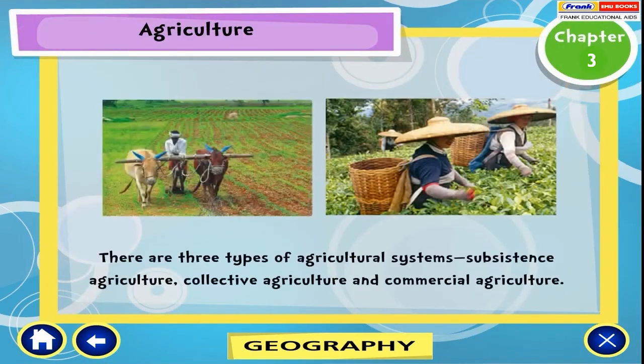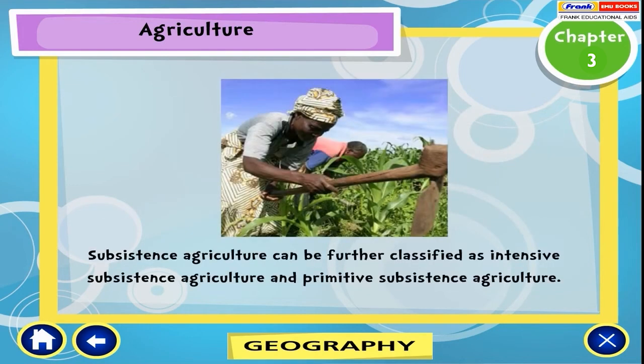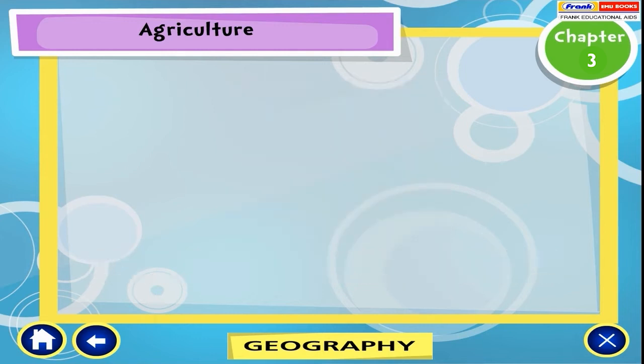Agriculture. There are three types of agricultural systems: subsistence agriculture, collective agriculture, and commercial agriculture. Subsistence agriculture can be further classified as intensive subsistence agriculture and primitive subsistence agriculture.